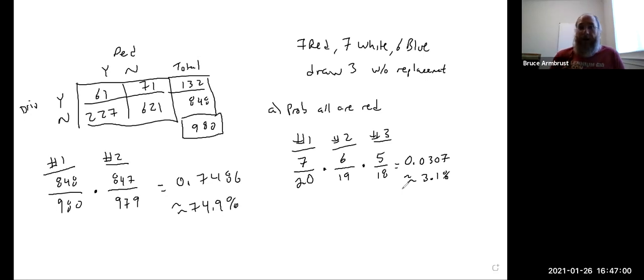So it's very unlikely that we actually get 3 red ones. There's only slightly more than a 3% chance. Okay, so not very likely that all of them are red. The other one asks us, what's the probability that none are red?